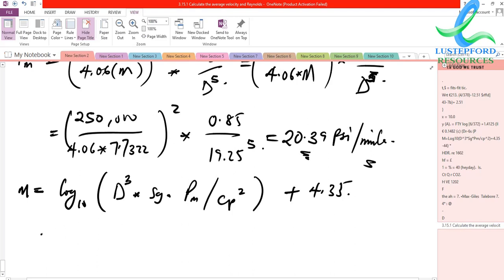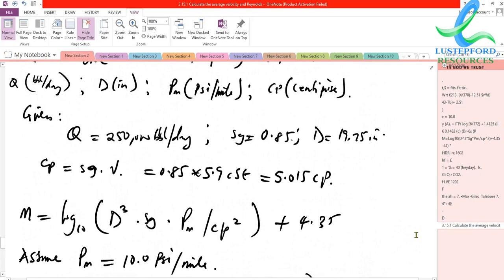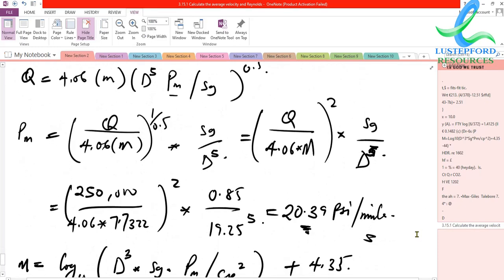Now we'll say this is log 10 of 19.25 raised to power 3 times 0.85 times the new assumed value, which is 20.39, divided by the CP, which is 5.015 squared, plus 4.35. Let me be sure that is the CP. The CP is okay, correct.